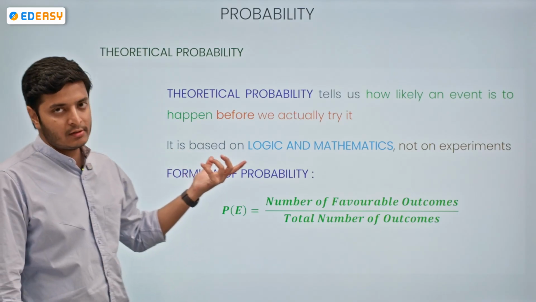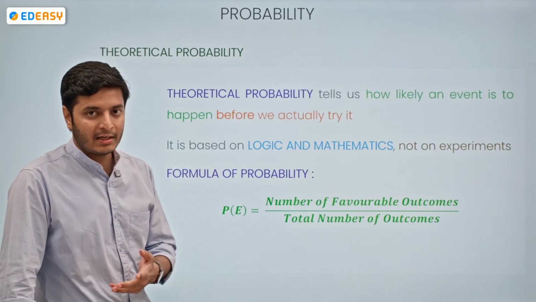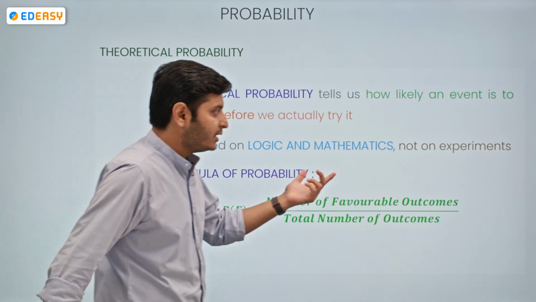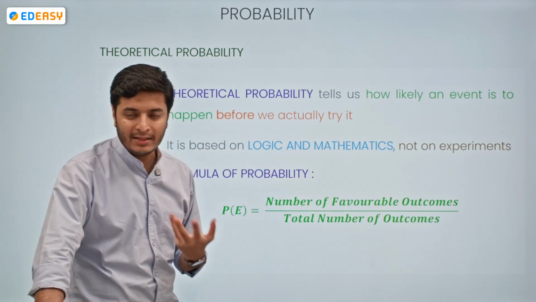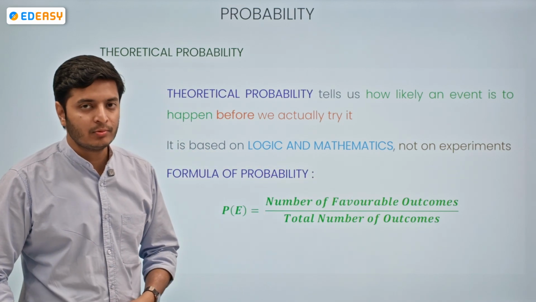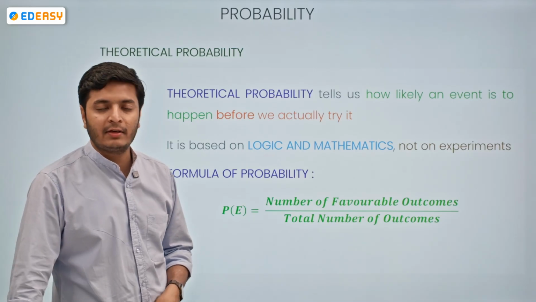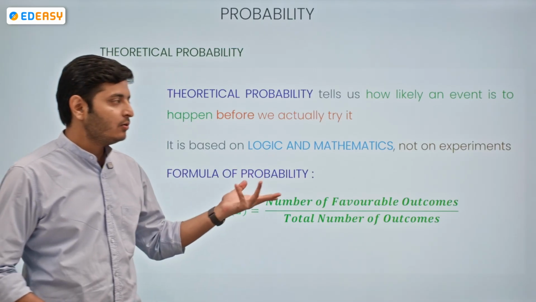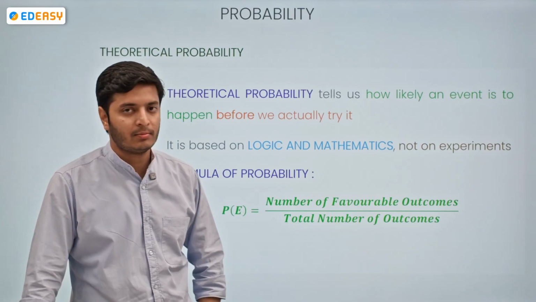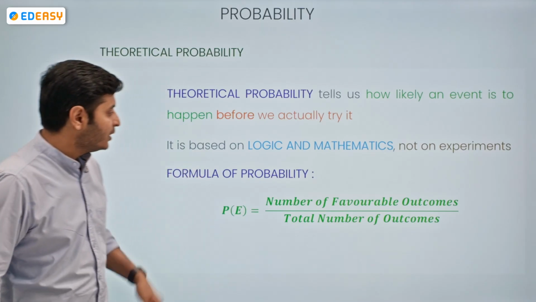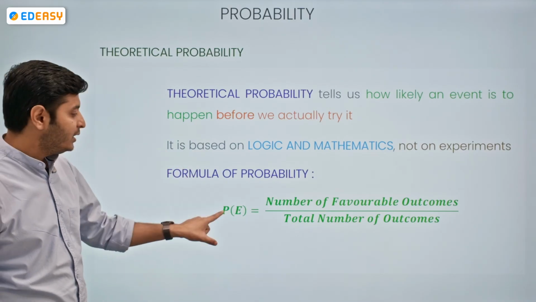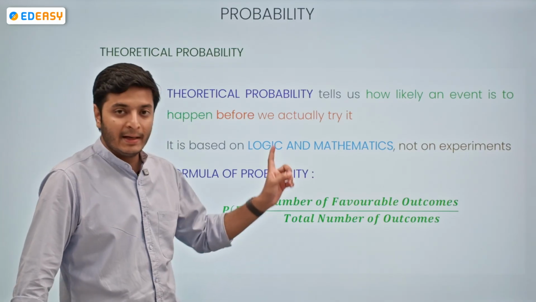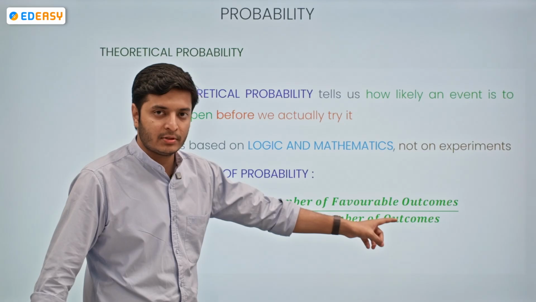So how to calculate theoretical probability then? Is there any formula? Yes, there is. It is based on logic and mathematics, not experiment. So we are going to apply the logic here. We are going to assume that every event is as likely to happen as the other one, and then only we are going to find the theoretical probability using mathematics. So the formula is P of E, the probability of that event to happen, will always be equal to the number of favorable outcomes.